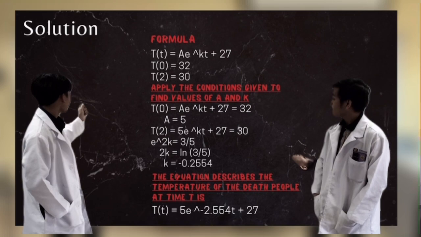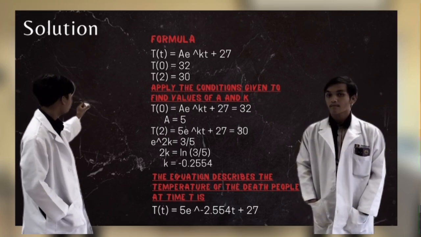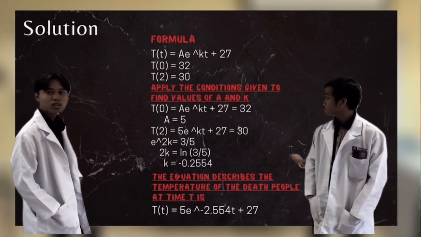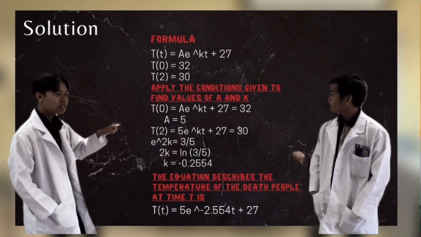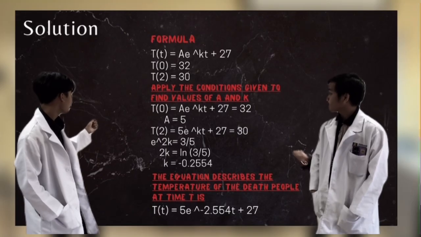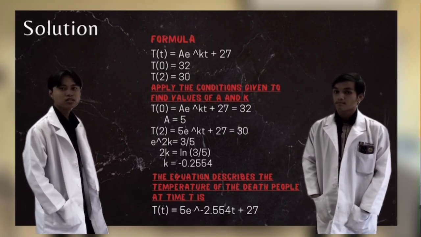After that, we substitute the second equation. For those who don't know, e to the k equals 3 over 5. We take the ln of both sides to eliminate the exponential, and then we get k equal to negative 0.2554.